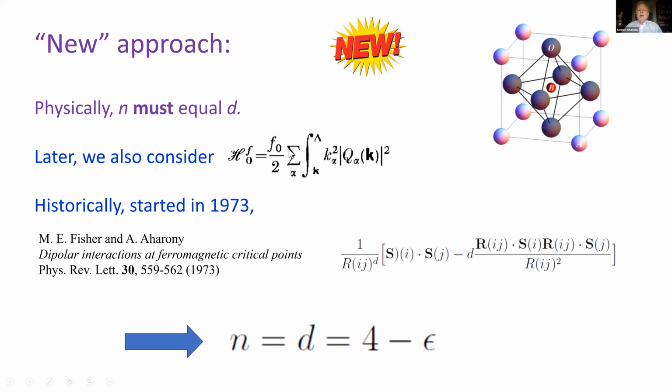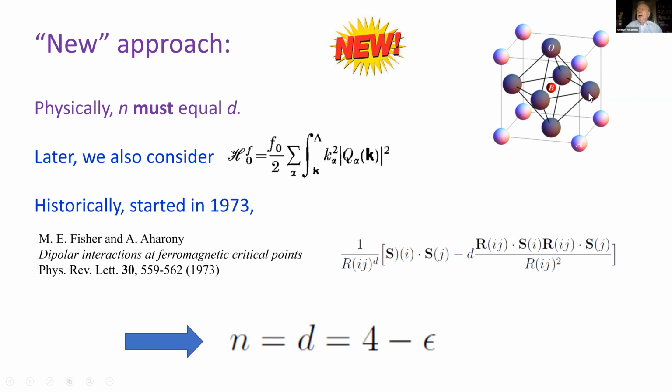In particular, in the last part of the talk, if I get there, we will encounter terms that involve K, sum over alpha, K alpha squared, Q alpha squared. These terms represent coupling of the fluctuations, the wave vector of the fluctuations, and the order parameter. In fact, this term indicates that the fluctuations, suppose the octahedra rotate around the z-axis, the fluctuations along the z-axis are much weaker than the fluctuations in the transverse direction.